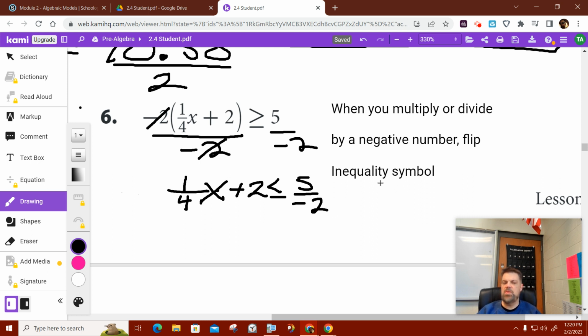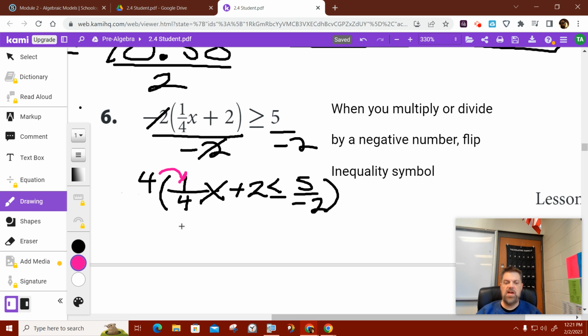Okay, that's a little better, but what is it that I don't like now? Now I've got fractions still. So I'm going to multiply by this 4, remembering that when I multiply by 4, I have to multiply everything by 4. So when I multiply this 4 by this, what's 4 times 1? 4.